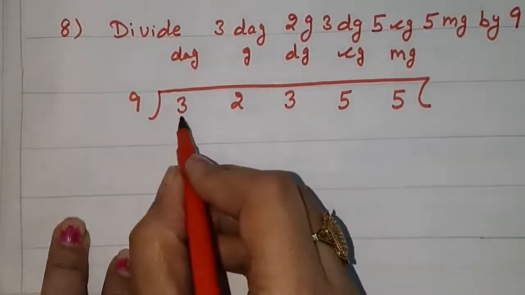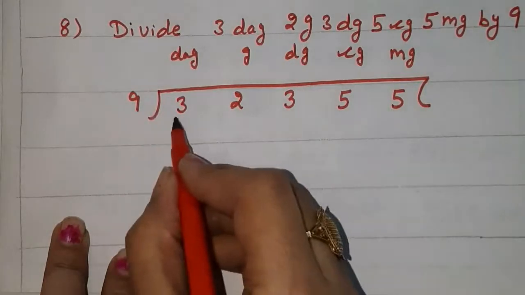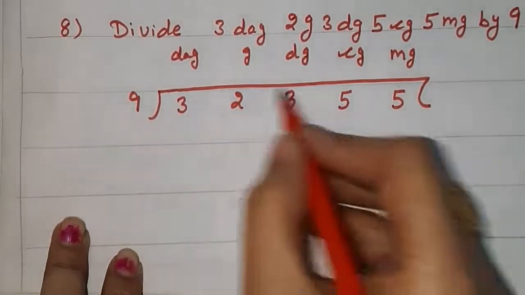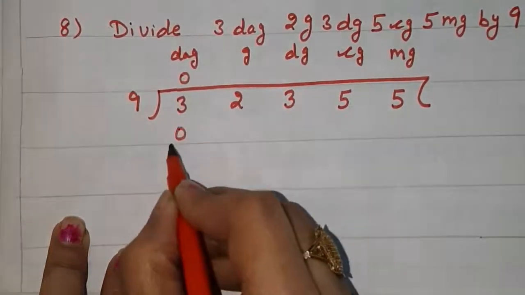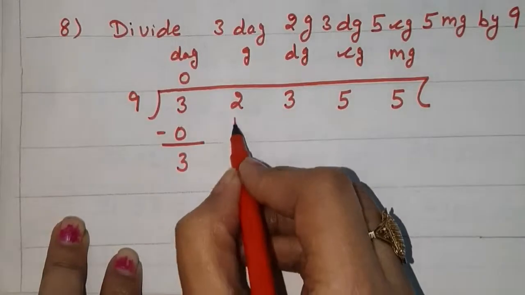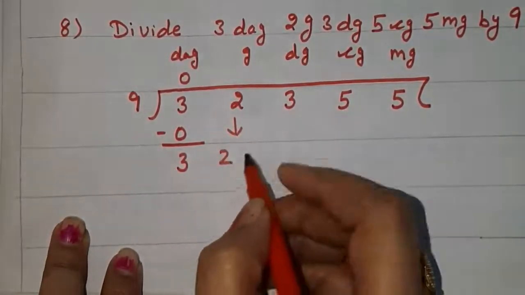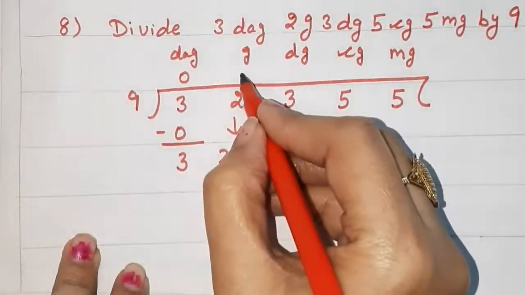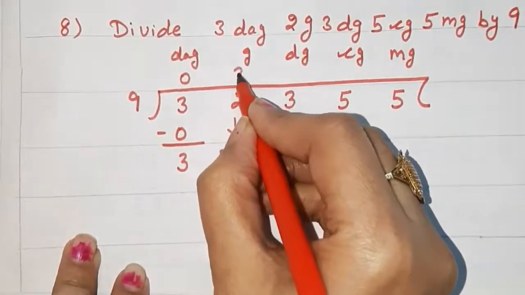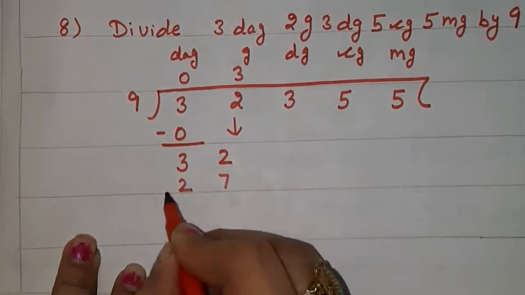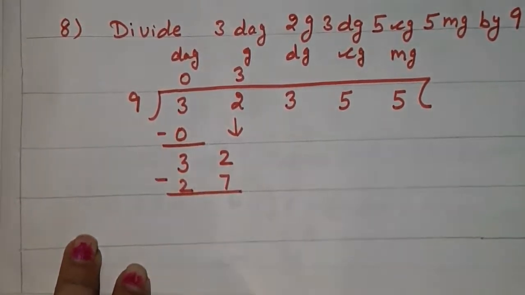9 is divisor and here we see that 3, the dividend's first digit, is smaller. So 9 zeros are 0. 3 minus 0, 3. Now take the next digit, 2. 9 threes are 27 minus.